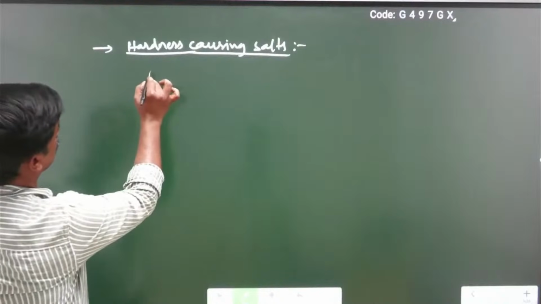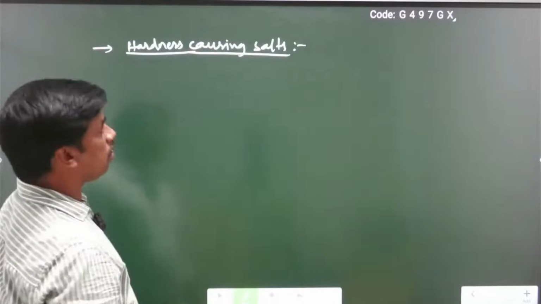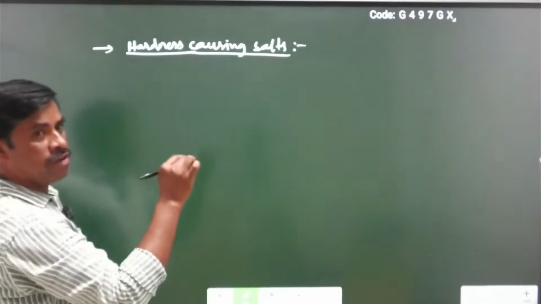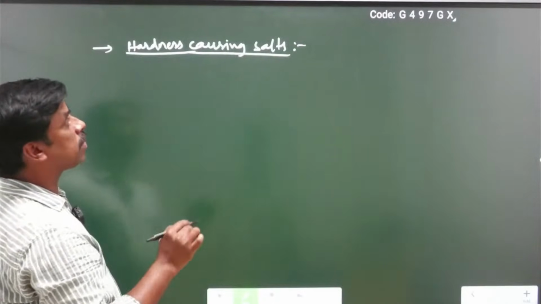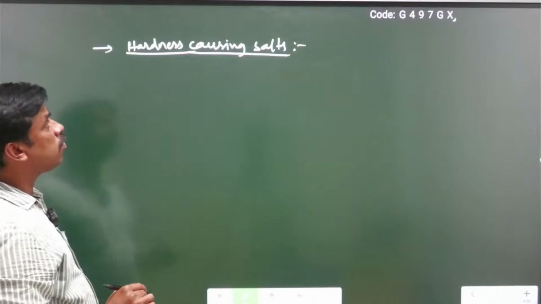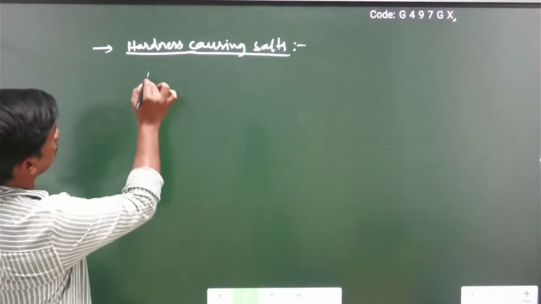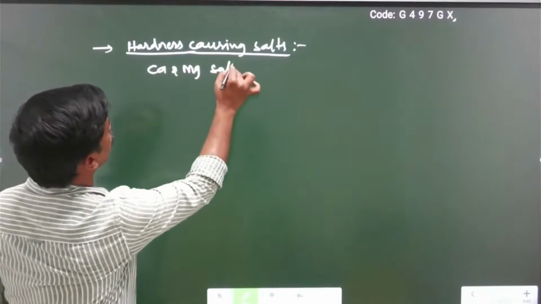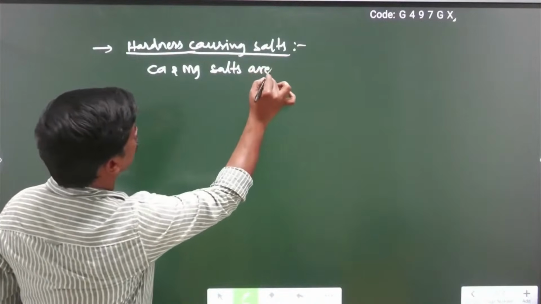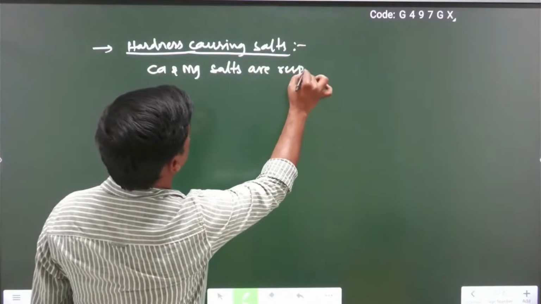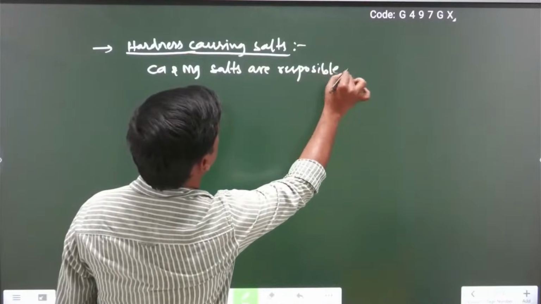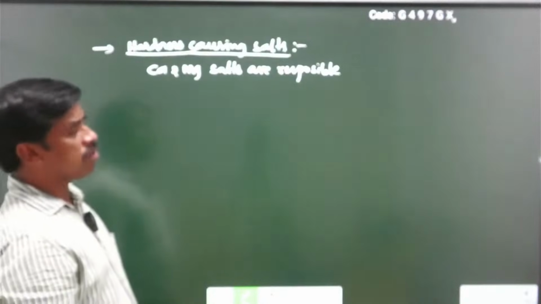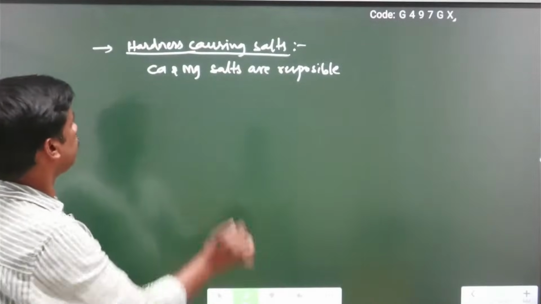The bicarbonates, chlorides, sulfates and nitrates of calcium and magnesium are responsible for hardness. Calcium and magnesium salts are the hardness causing salts.